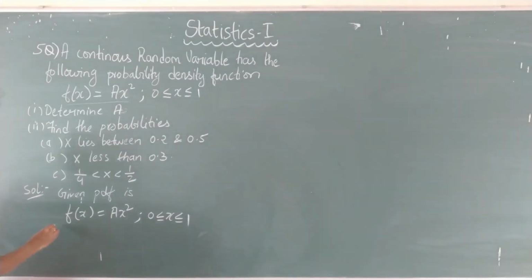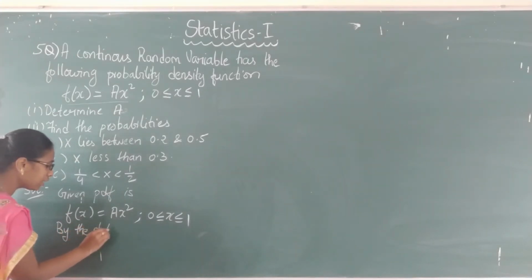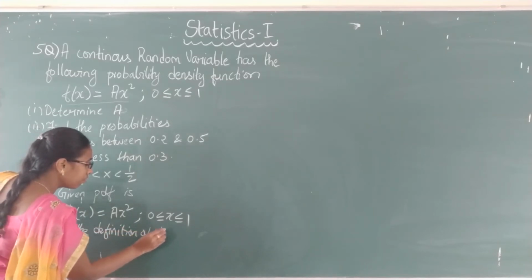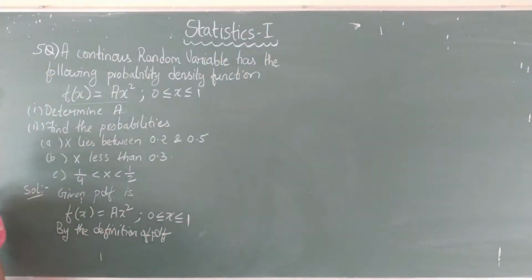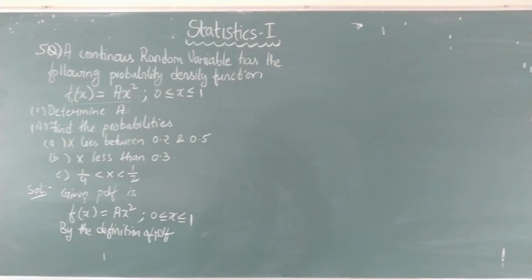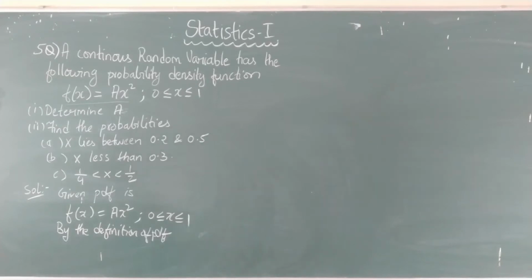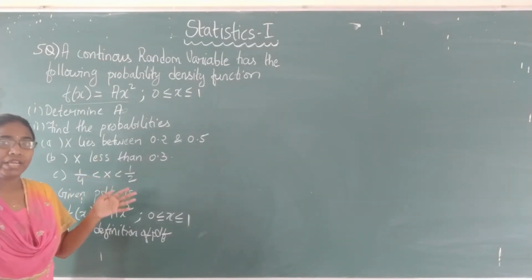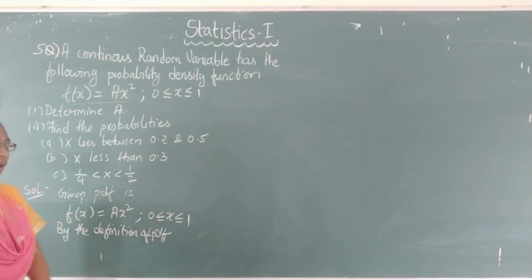By the definition of PDF, what are the different conditions? We have three conditions. The first one is that each value should always be a positive value, and the second one is that the total probability will always equal 1. The third property is that if you want to find any probability, then that will be in the form of the integral value.